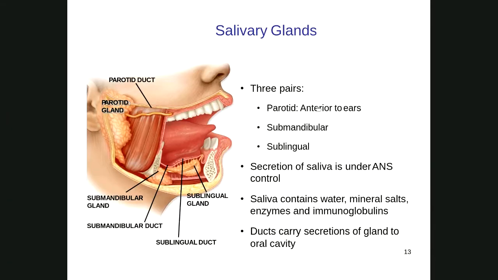so in the oral cavity we have the salivary glands, which are the first accessory organ of digestion in the digestive system, and we have three pairs, right and left. So we have the parotid, which exists anterior to the ears, on the sides of the cheeks.